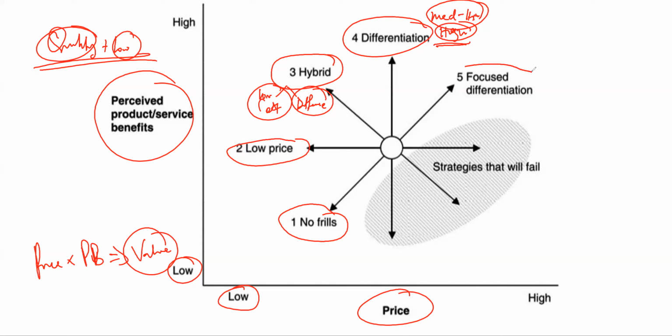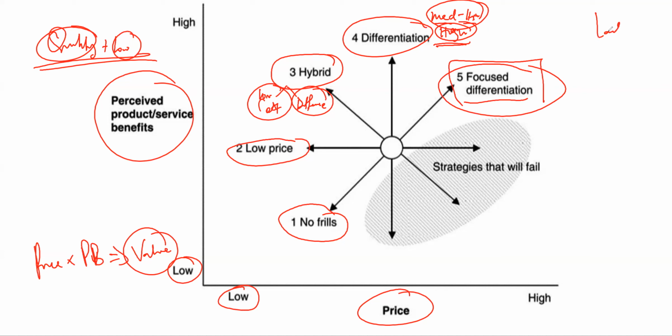But when we come to the last part, which is focused differentiation, the price is very high, and the benefits the person is expecting is very high. So here, you see it was medium to high price. That means that it is higher than what people expect from the hybrid, but it is not so high like the focus differentiation. Here, yes, you are focused on some particular people.